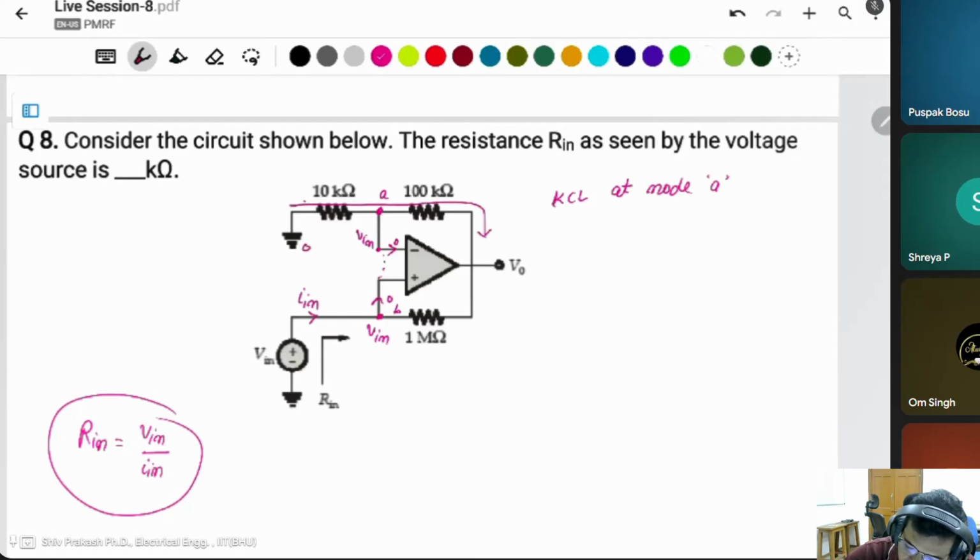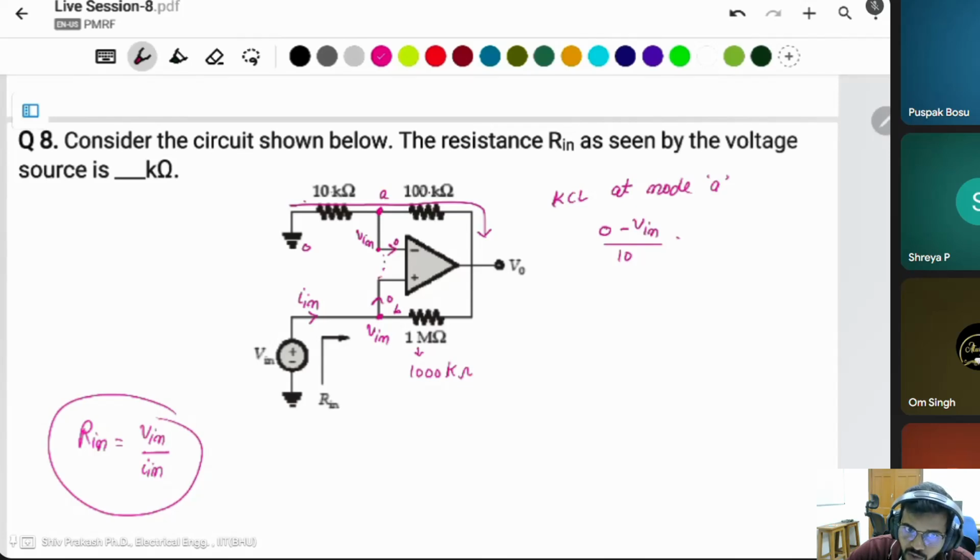This is 0 because of the ground voltage, 0 minus this voltage Vin, divided by 10K. 1 mega ohm I wrote as 1000 kilo ohm, because all resistances are in kilo ohm.